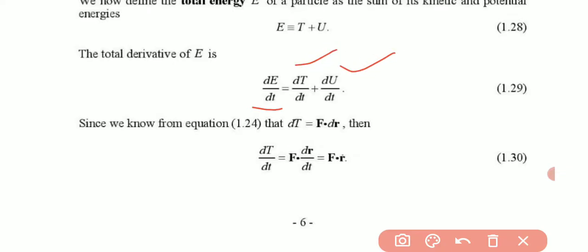Since we know from equation 1.24 that dT equals F dot dr, then dT by dt is equal to F dot dr by dt. This will be equal to F dot r dot, where r dot means differentiation of r.